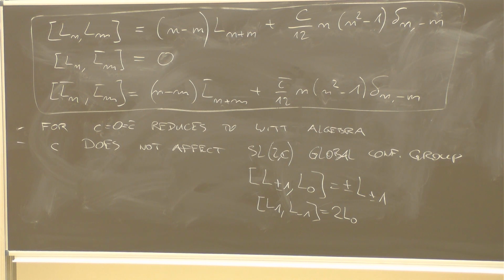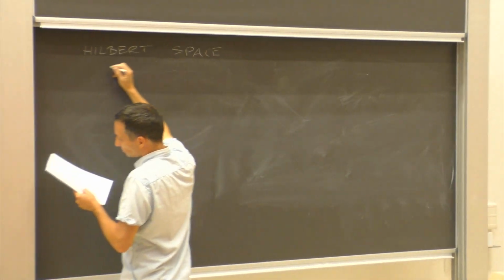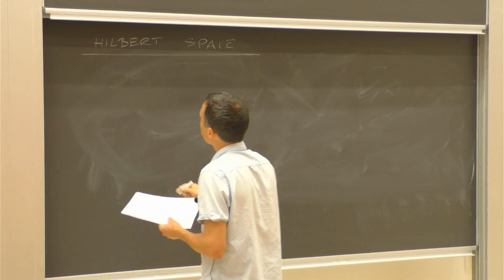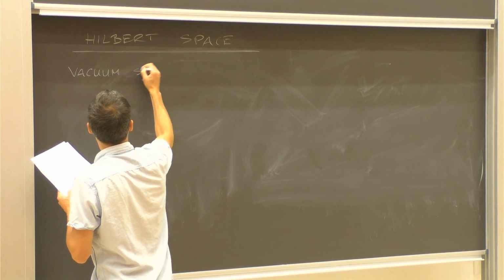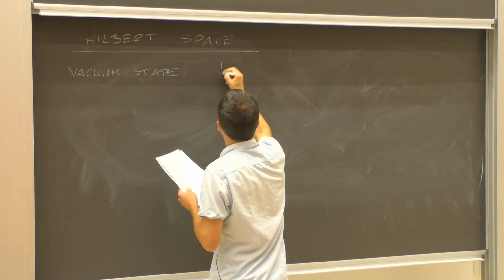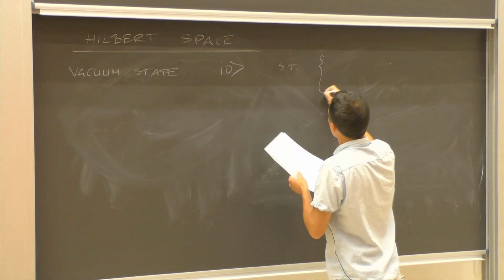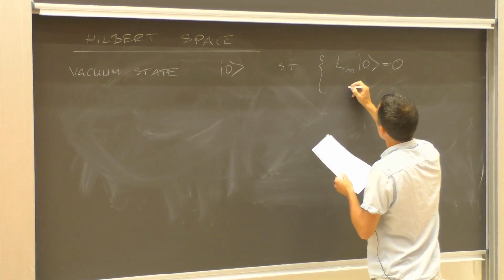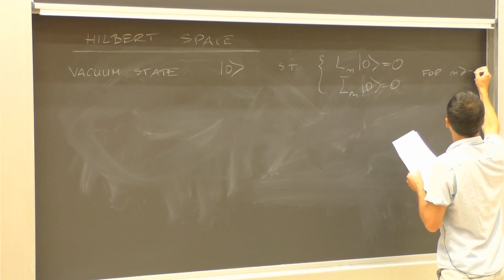What I can discuss now, once we have these modes, is the structure of the Hilbert space in this theory. Also, in the beginning of the talks, I mentioned that in these quantum theories we should have a vacuum state, which is invariant under global conformal transformations. So I denote it in this way, and I may define it by imposing the condition that it is annihilated by some subset of those modes, Ln for n greater or equal to -1.